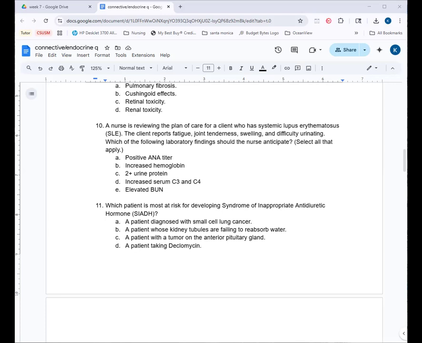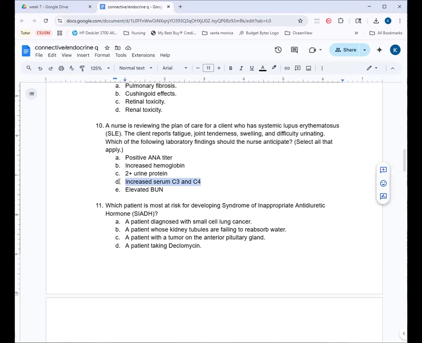Looking at a UA for proteinuria and hematuria. White blood cells could possibly be high related to inflammation. LFT is elevated from some liver stuff going on there, all the vasculitis. Using an echo to look for pericarditis and pulmonary hypertension, and using chest x-ray to look for any pulmonary or cardiovascular issues.